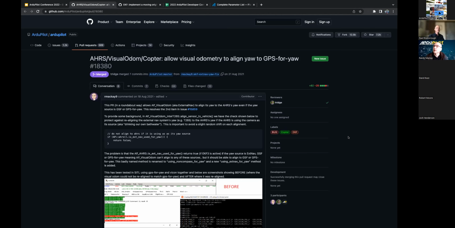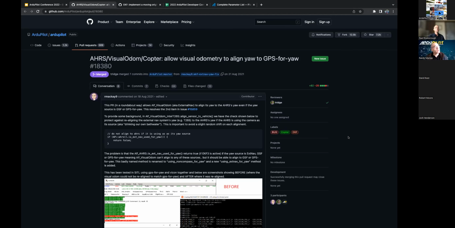Yeah, before, you could realign the visual odometry, like a 3D camera used for SLAM, such as the Intel, to the compass, but we couldn't realign it in case the GPS was being used for yaw. Okay, so this is when you've got the two antennas. Yeah.